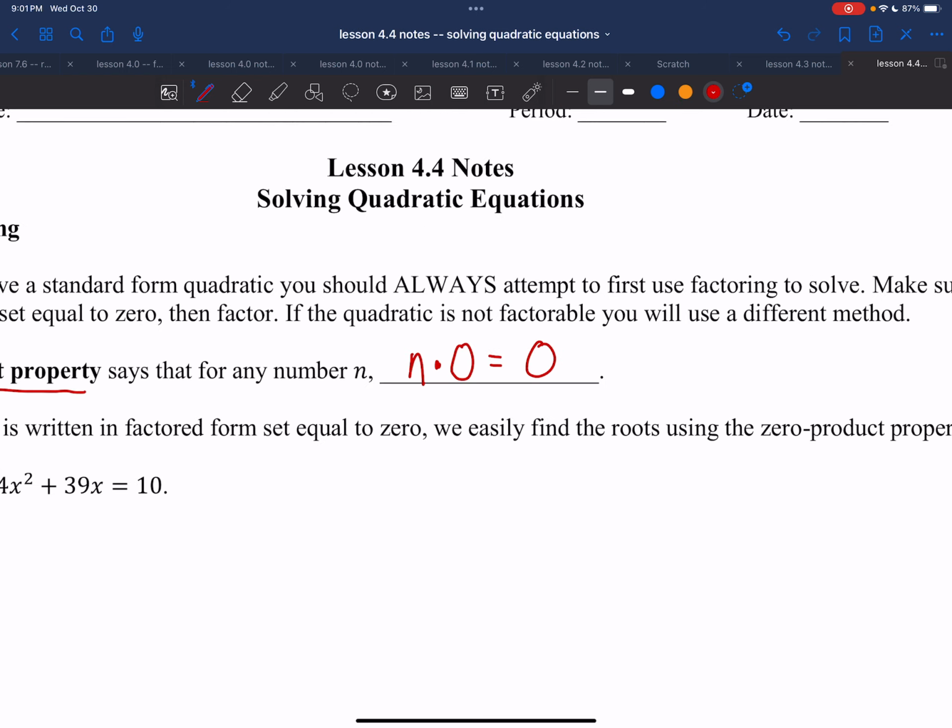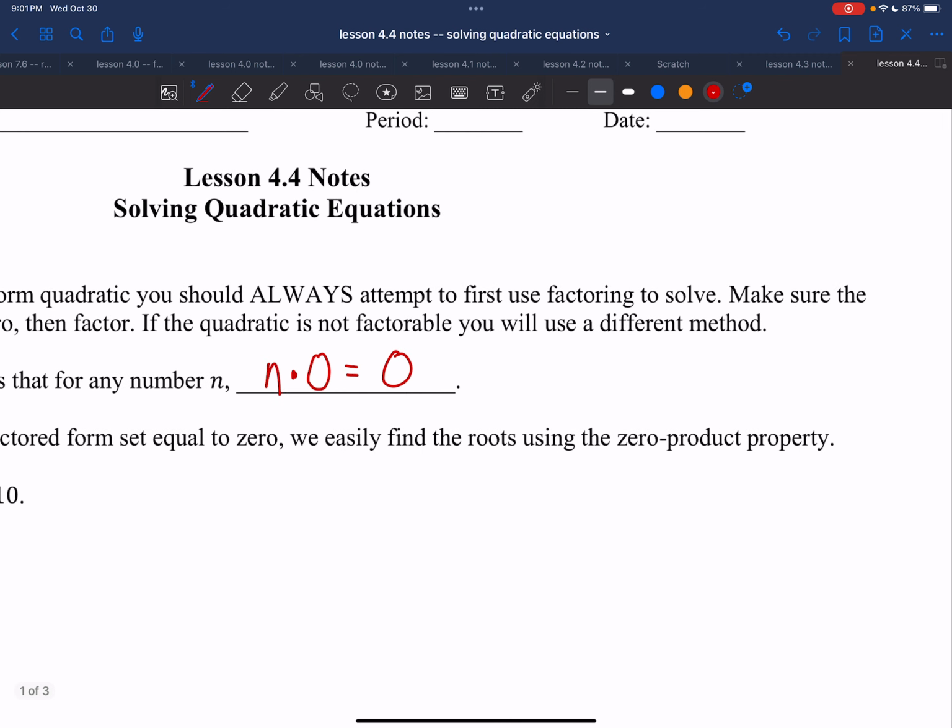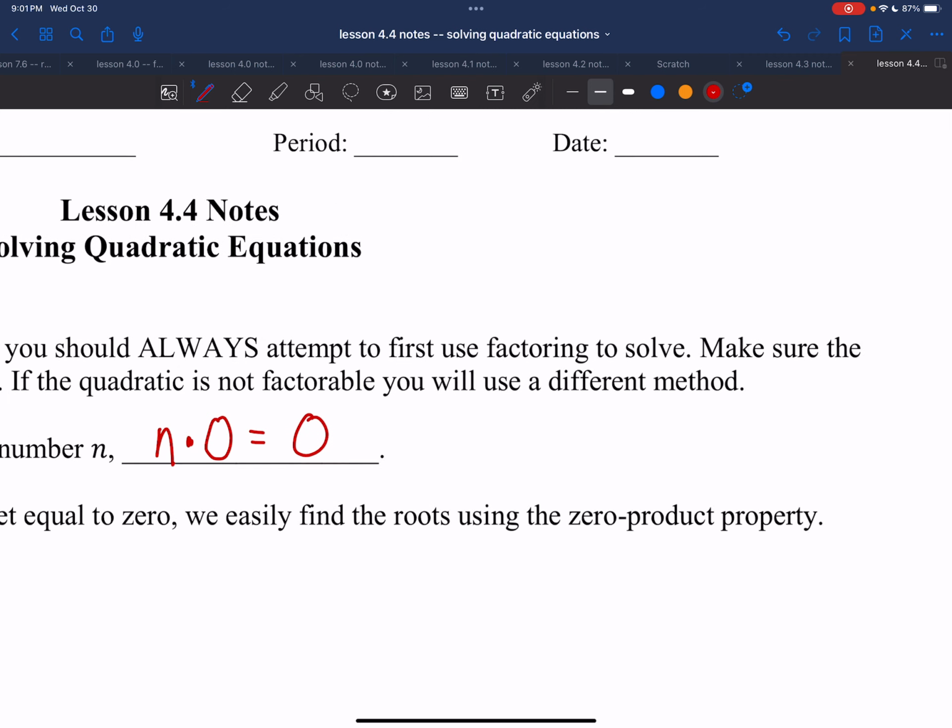So this is actually pretty useful if you have something in factored form. Let's call this number 1, and then let's call this number 2. And say we look at the product of number 1 times number 2. If that product comes out to 0, what can you infer about these numbers?